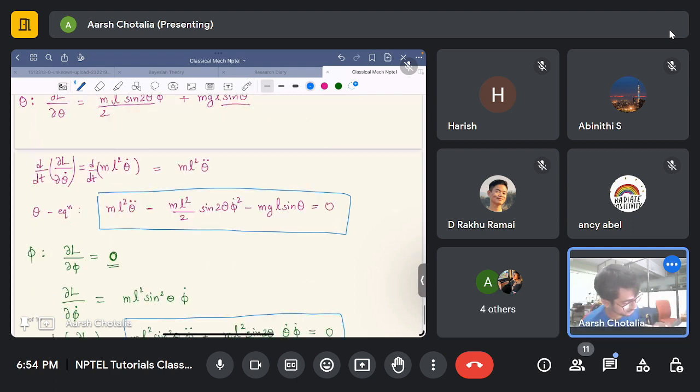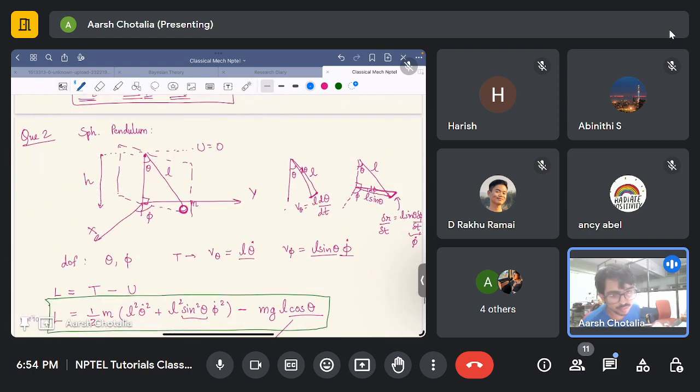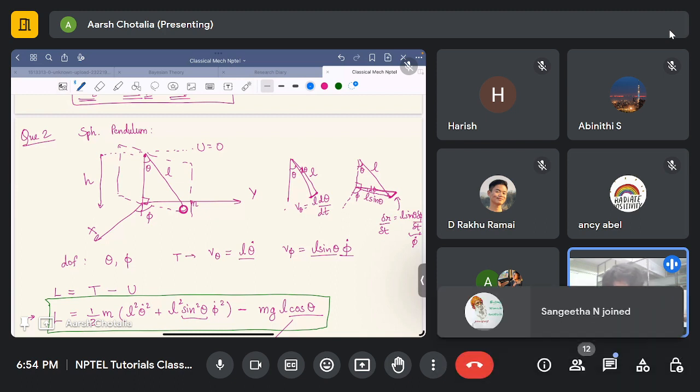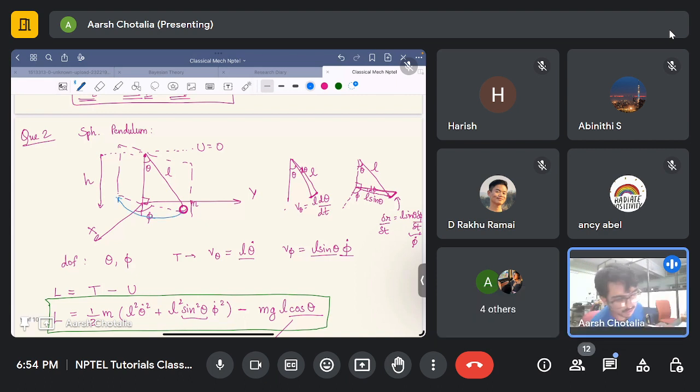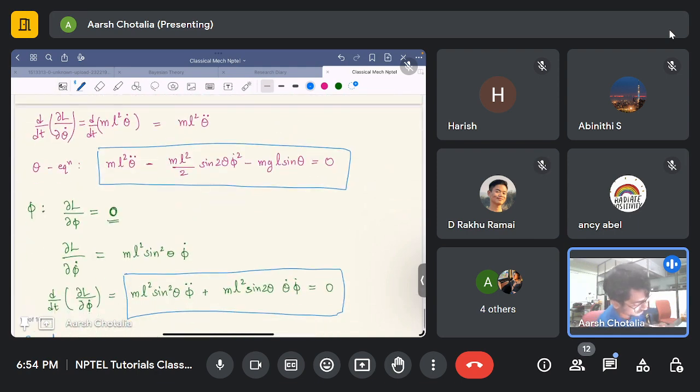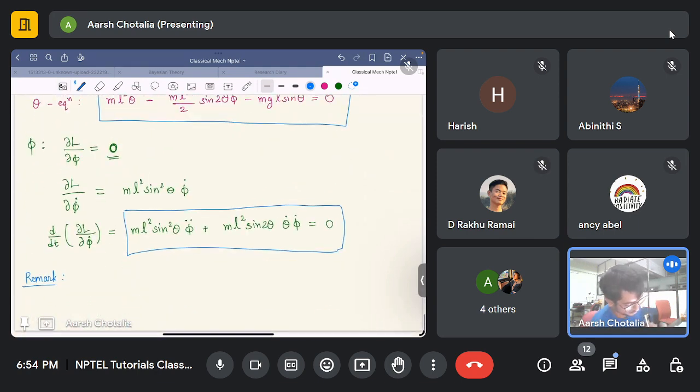One thing that we can notice though, a remark: what should happen if we restrict this to constant phi, let's say to one plane? Then it is just a simple pendulum, right? It cannot oscillate in the other plane. So let's say we are restricted to a plane, then phi dot is 0.